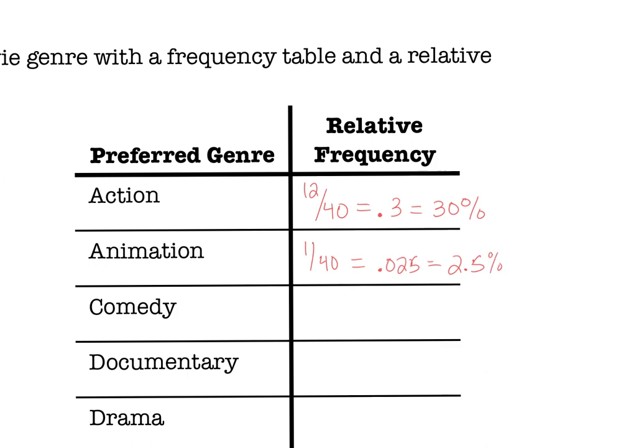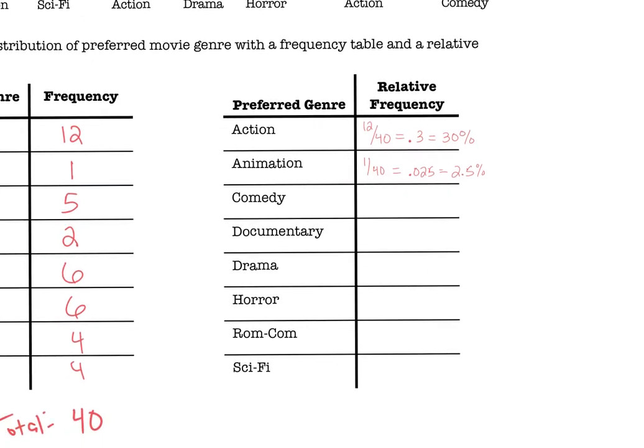Comedy, there were 5, so we're going to do 5 divided by 40, and that ends up being 0.125, or 12.5%. Documentary, there were 2 divided by 40. Notice I'm always dividing by 40 because that's the total. That ends up being 0.05, or simply 5%. 6 divided by 40 is going to be 0.15, or 15%.